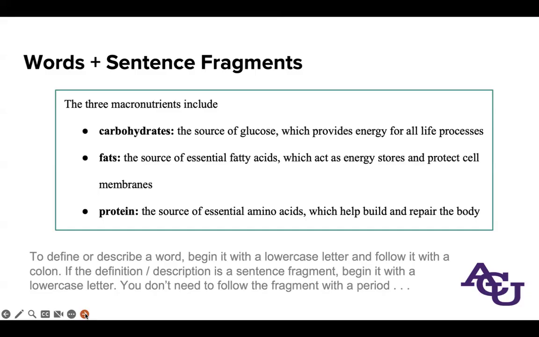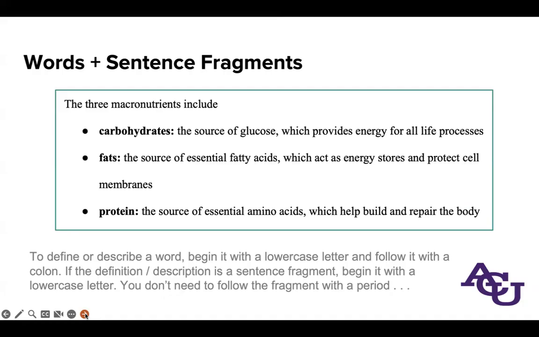The three macronutrients include carbohydrates, the source of glucose, which provides energy for all life processes. Fats, the source of essential fatty acids, which act as energy stores and protect cell membranes. Protein, the source of essential amino acids, which help build and repair the body.